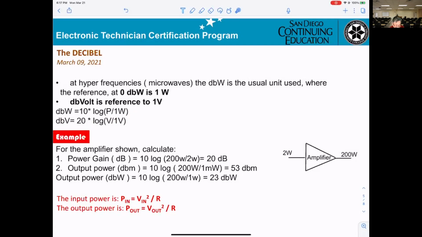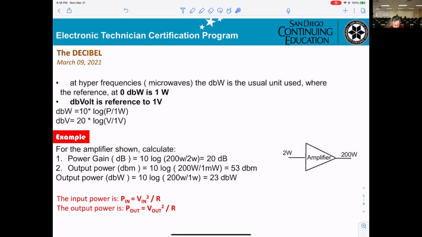Okay. Example for the amplifier. This is the amplifier right here. Output 200 watt, input 2 watt. Power gain is 10 times log of 200 watt divided by 2 watt, you get 20 dB.